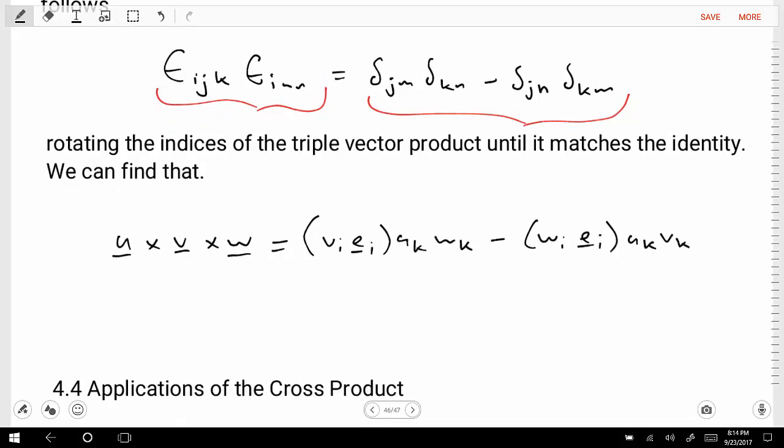And this can then be put back into coordinate-free form as follows: v(u dot w) minus w(u dot v). So we found another expression for that triple cross product.